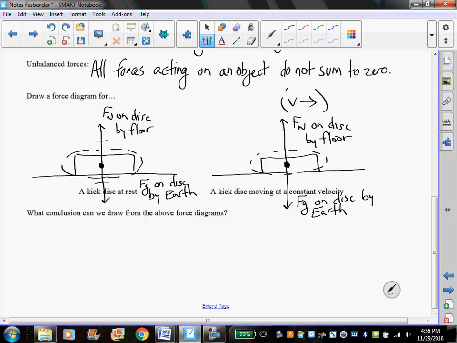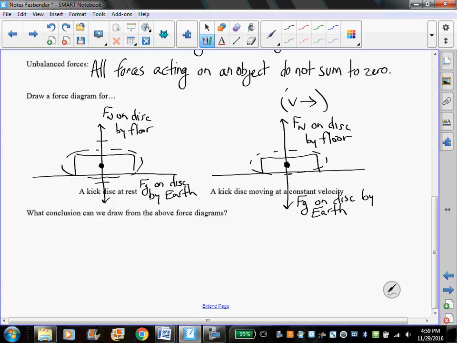Now this thing is sliding, right? It's moving at a constant velocity. But the cool thing about a kick disc is it's got that motor that blows that air, and so there's like a bed of air between the kick disc and the floor. So we really don't get any friction when this kick disc is moving. So I don't need an arrow to show the force of friction.